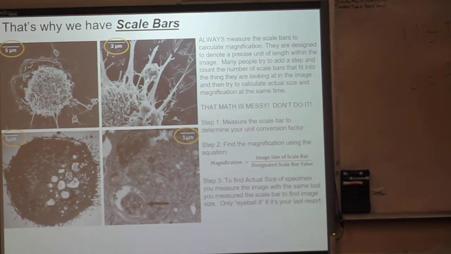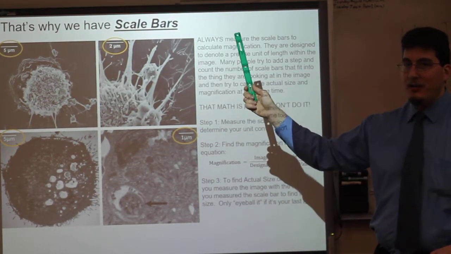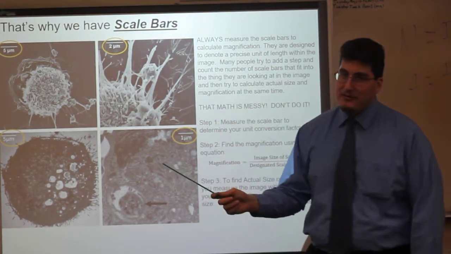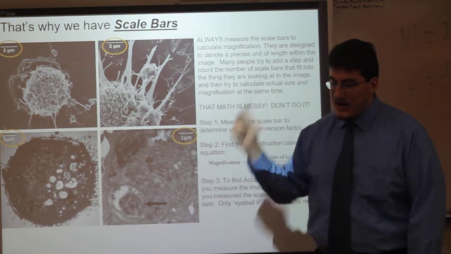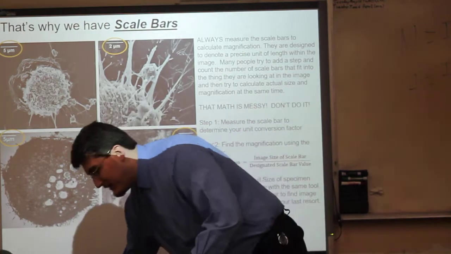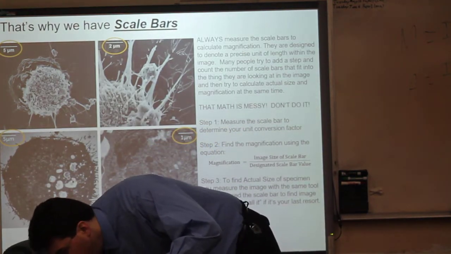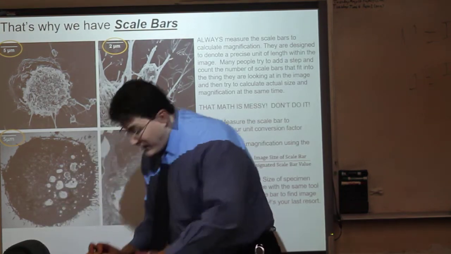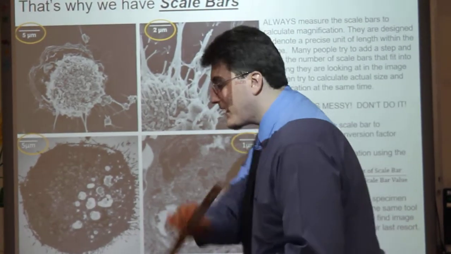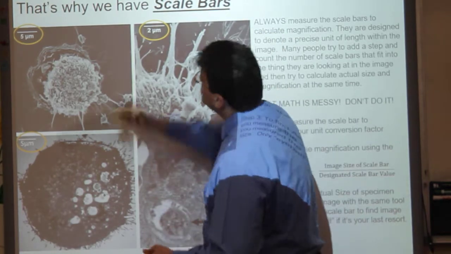Now, scale bars. If you see a scale bar in a question, guess what you're going to measure? The scale bar. You are going to take the ruler, which you must have at any time. If you are taking an exam, you must have a ruler. Your scale bar is here.